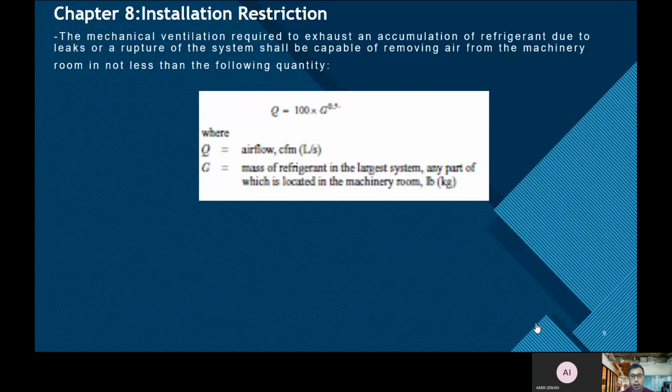So this is the formula. Q is equal to 100 times G to the exponent 0.5, where Q is the airflow and G is the mass of refrigerant in the largest system, any part of which is located in the machinery room.